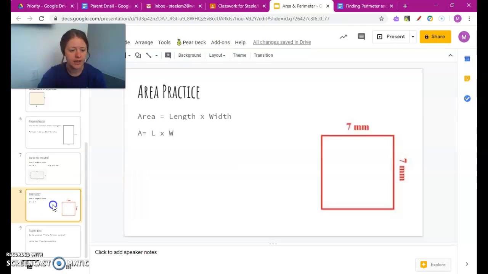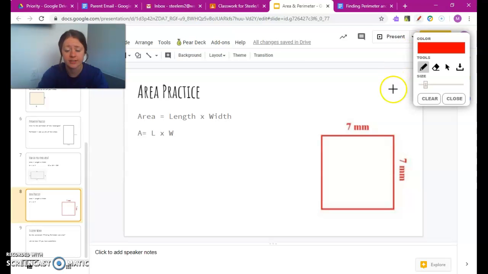All right, and the last problem for area. Once again, area equals length times width, or L times W. We just have to know what our length is and what our width is. As you can tell in this picture, it already gave it to us, which is awesome. So all you do is length times width.